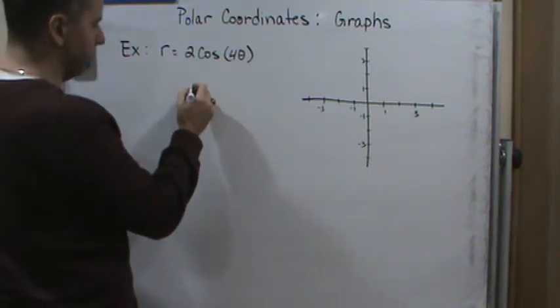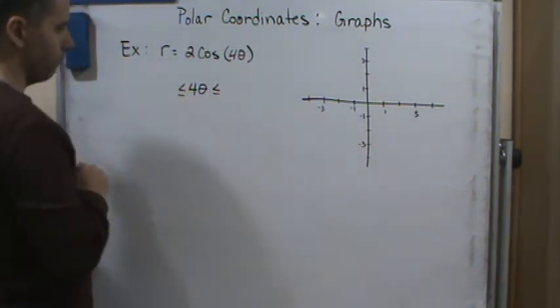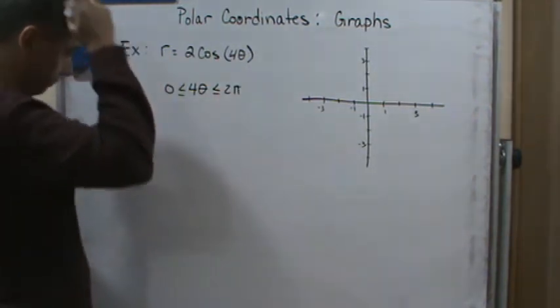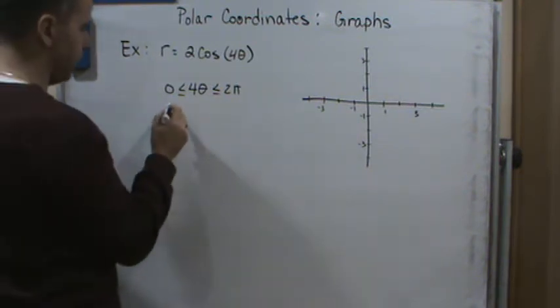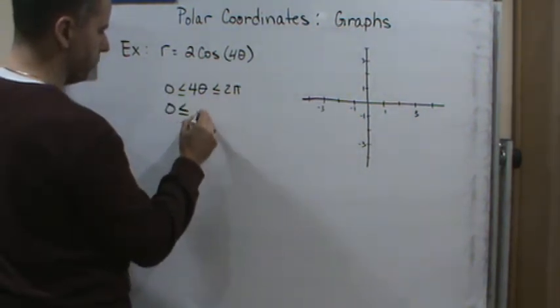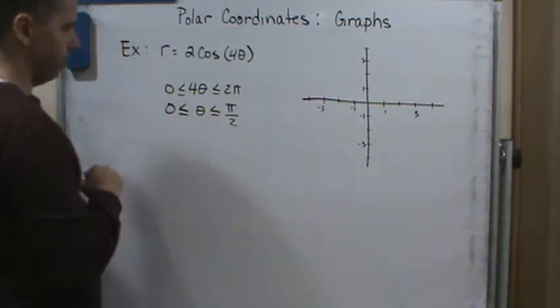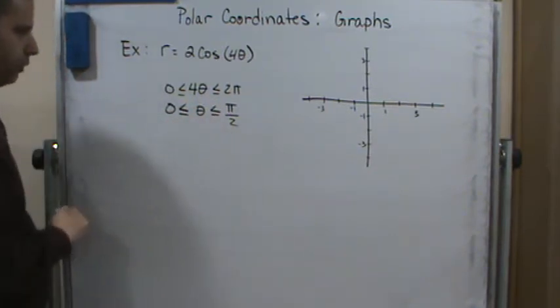If we take 4 theta and we want to go from 0 to 2 pi, then theta is going to go from 0 to pi over 2.